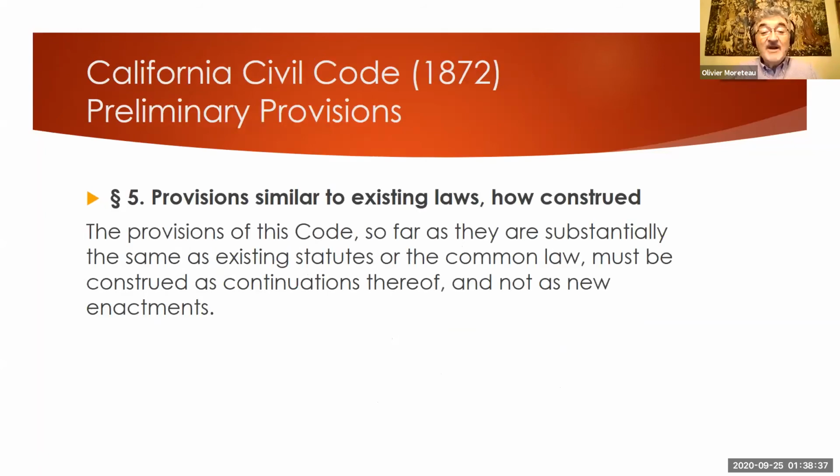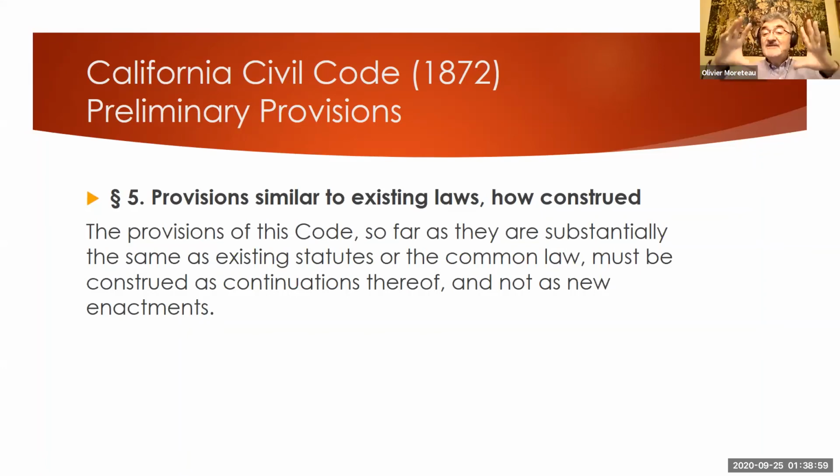But then you have paragraph 5 that says that the provisions of this code, so far as they are substantially the same as existing statutes or the common law, must be construed as continuations thereof and not as new enactments.